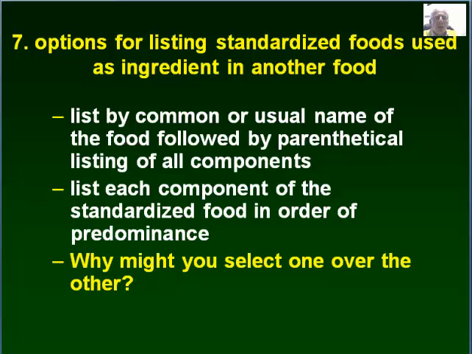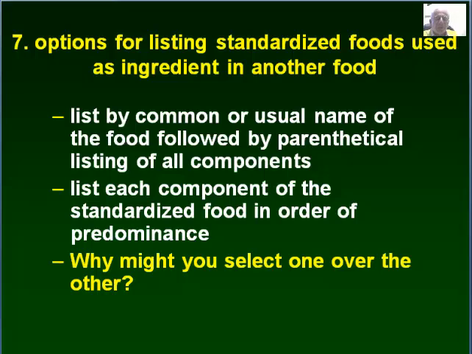You can list Heinz ketchup and then in parentheses list all of the ingredients on the ingredient list for Heinz ketchup. Or you can actually figure out how much of those particular ingredients might be in there and then list them, including them with the ingredients that you're listing with your particular food product, without stating Heinz ketchup.